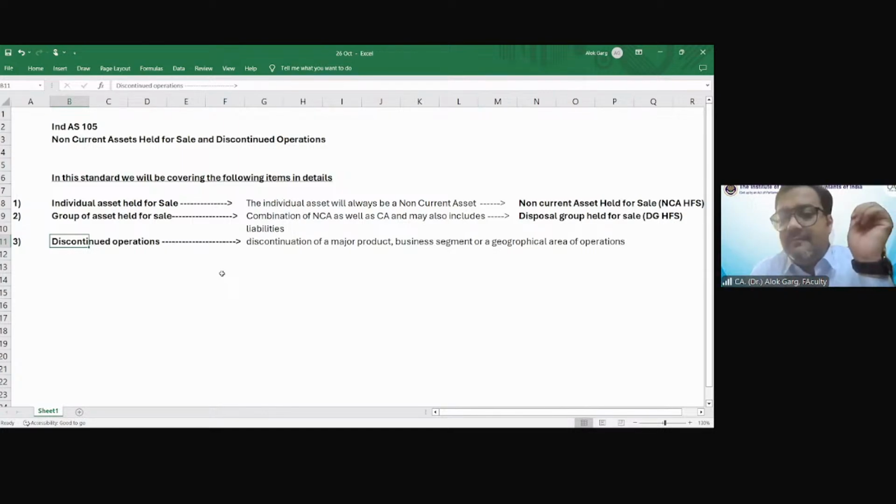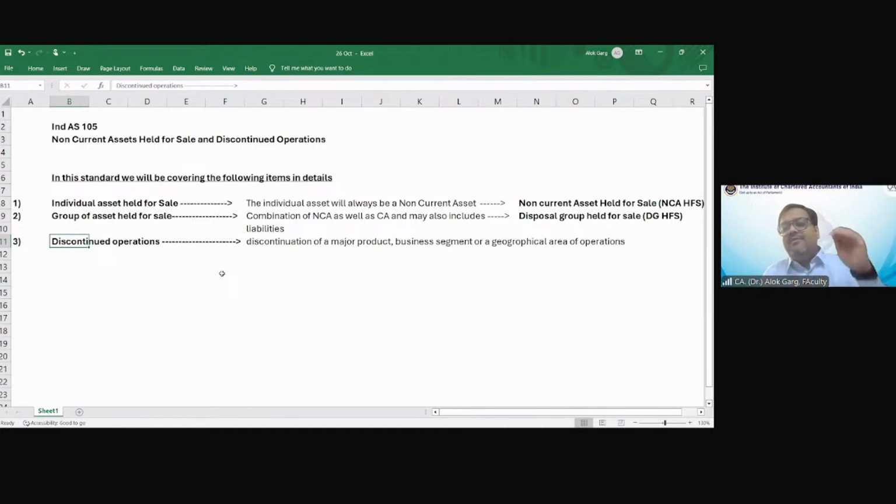Not necessarily for every discontinued operation, but when you discontinue an operation there may or may not be a disposal group. A disposal group means you are disposing of that group of assets. The accounting for a disposal group is already given, so you apply that accounting. And if it is a discontinued operation, then you also have to apply the additional disclosure requirements. You will understand when I reach discontinued operations. But for the time being, we will be covering these three aspects in this standard.